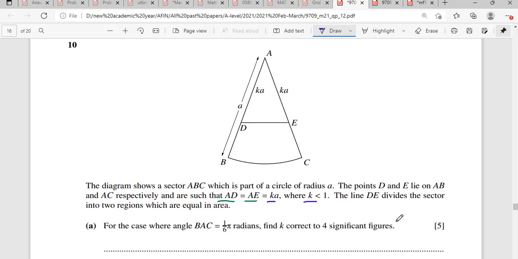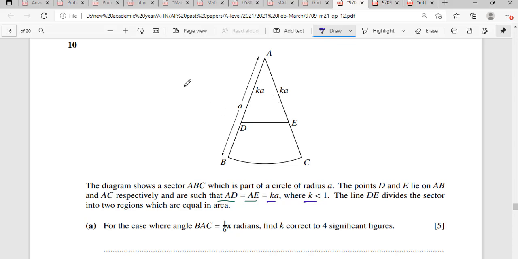Since the area of this triangle is equal to the area of this piece of the sector, then we set up an equation. The area of this triangle is equal to the area of the sector minus the area of the triangle.